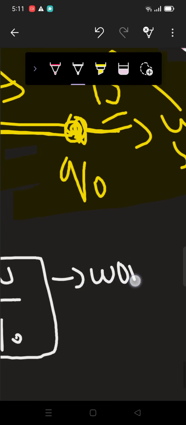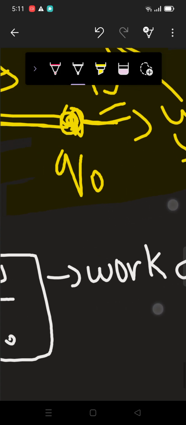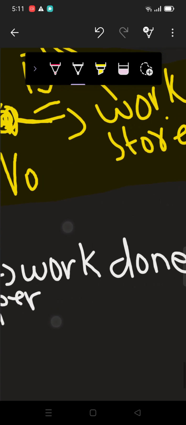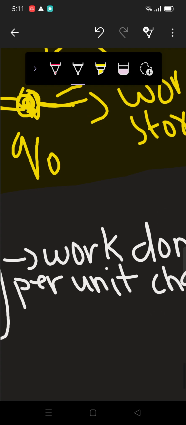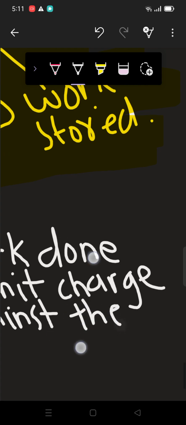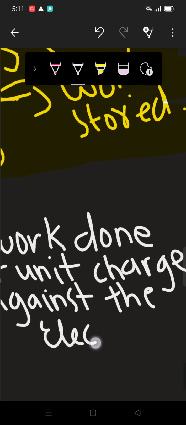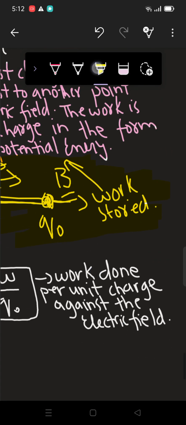This is also what we call the potential difference.